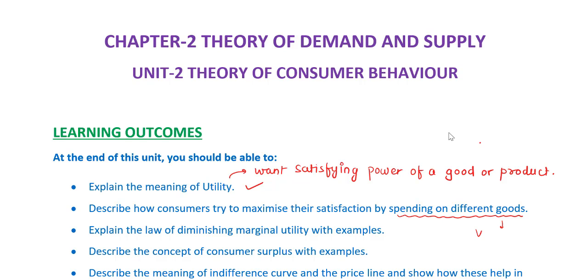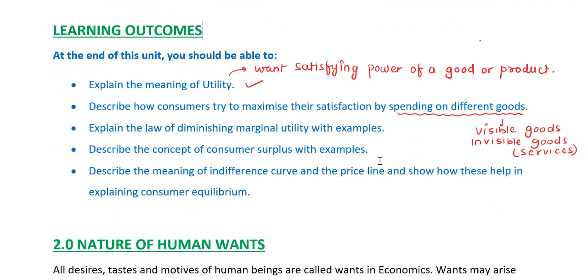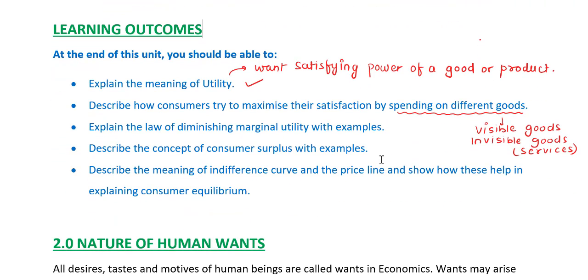The goods can be visible goods and invisible goods. So basically, invisible goods means nothing but services. We'll try to explain the law of diminishing marginal utility with various examples, and describe the concept of consumer surplus.